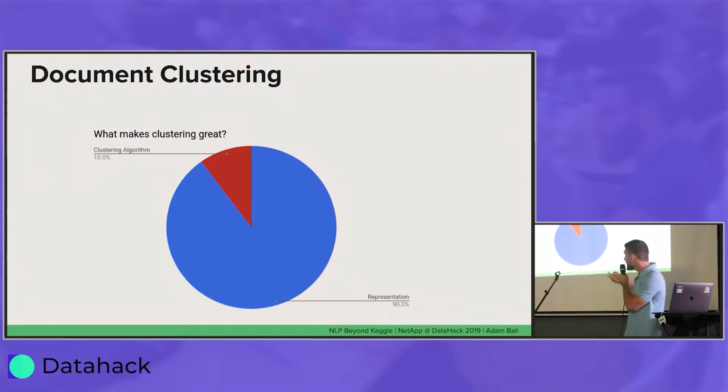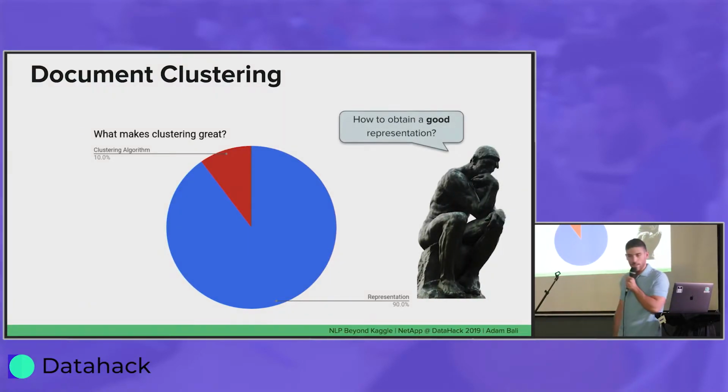And so you can understand that when you perform clustering on some data, what you need most to focus on is how you obtain this representation, and how to obtain a really good representation.